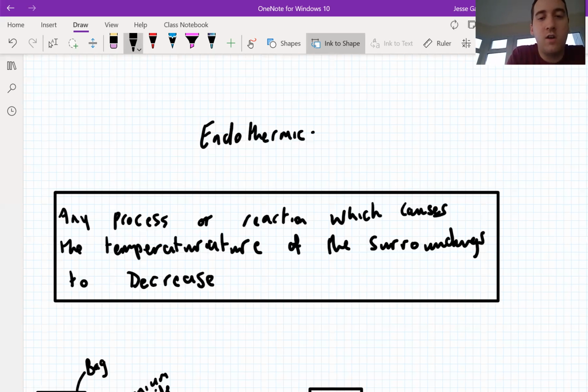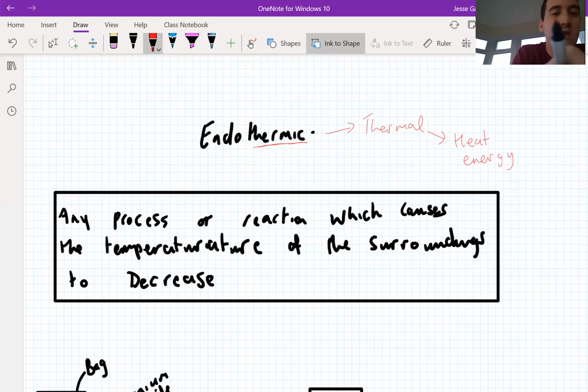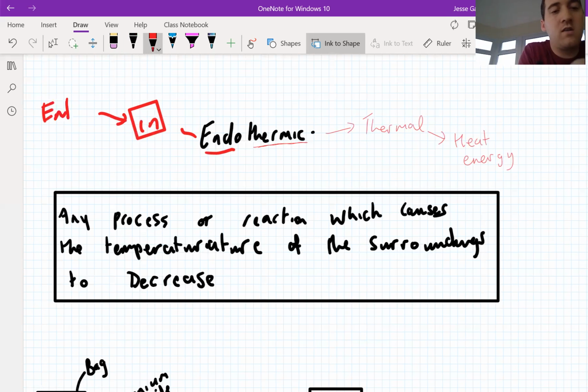Again, the thermic bit comes from thermal, which refers to heat energy, same as before. The endo bit comes from the word in, and in means to enter. So we say heat enters the system from the surroundings.